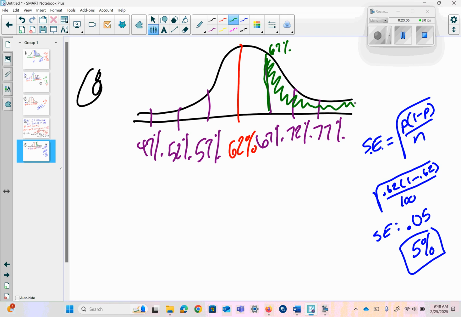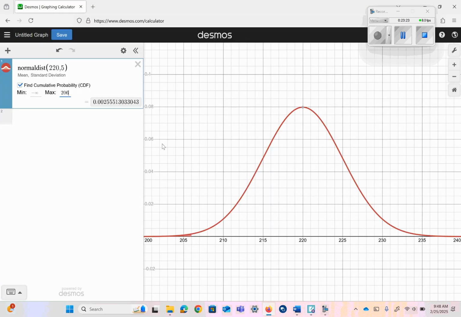Okay, so calculate the p-value. Remember, this guy decided to have an alpha of 0.08 versus 0.05, so that's what we're testing against. Let's figure out our p-value. So Desmos time. This is so exciting. What do you guys think?